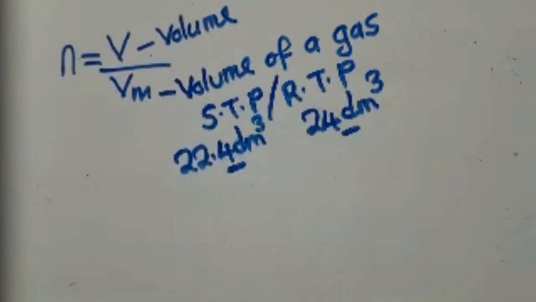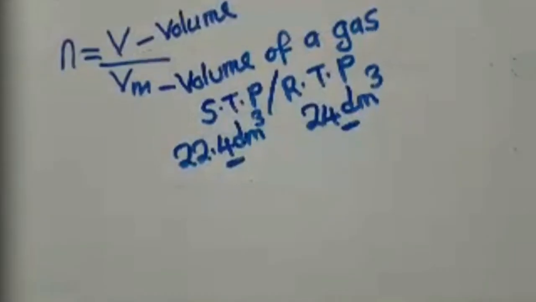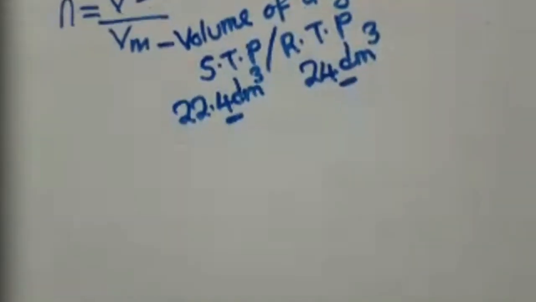So this is a formula that we get to use. How can a question come in an exam? This is how a question can come. Let me write down here.